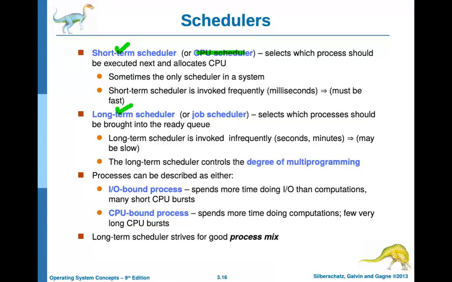Typically it is called selecting the next process, because already one process is there. So select the next process for execution.